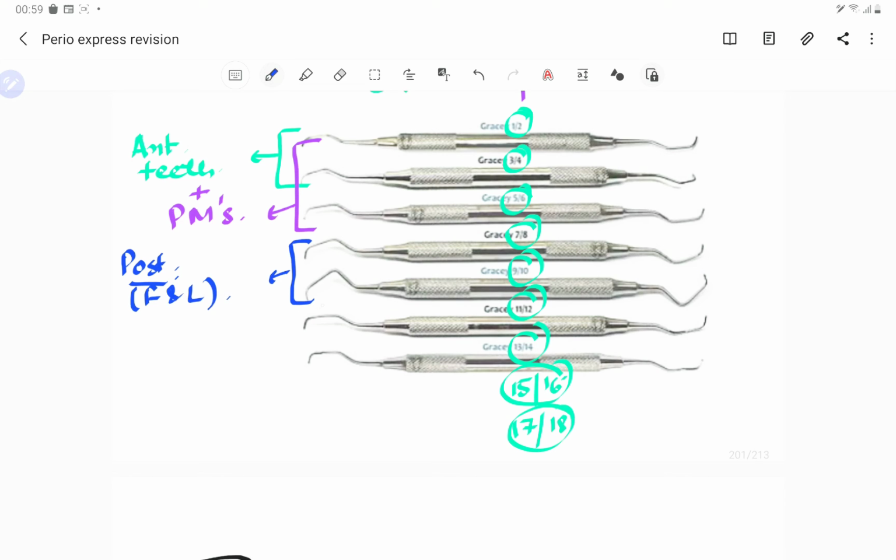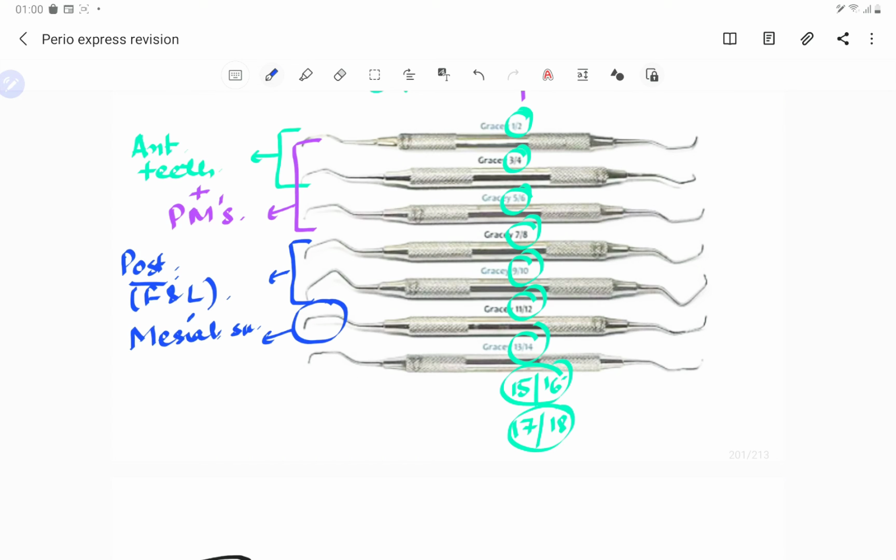Now 11, 12 is the one which we use on the mesial surface. You just have to write 11 and then join both of these ones, so it becomes an M, for mesial. So again, the number 11, 12 Gracey curette is for the mesial surfaces of the posterior teeth.